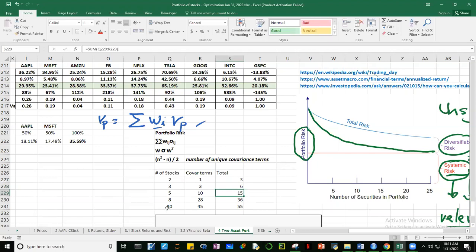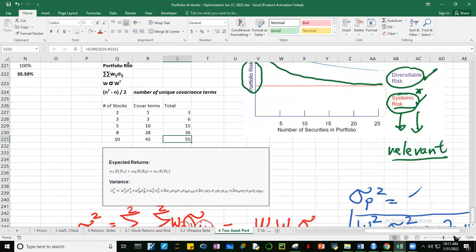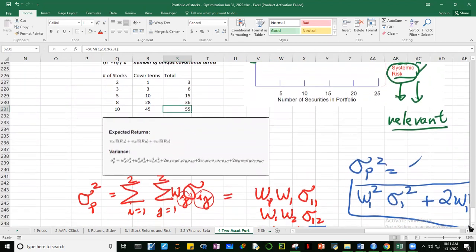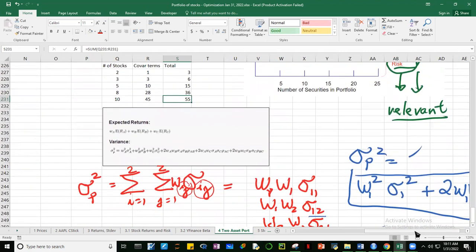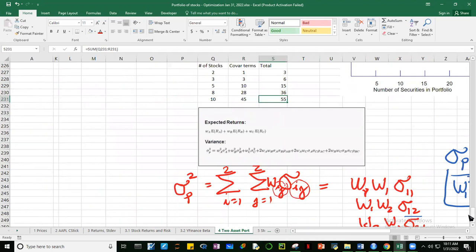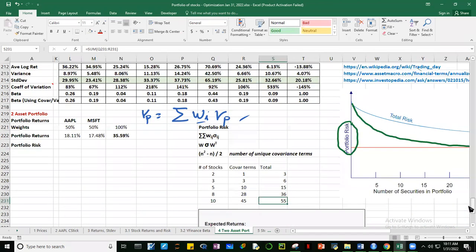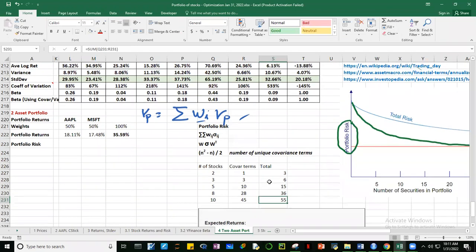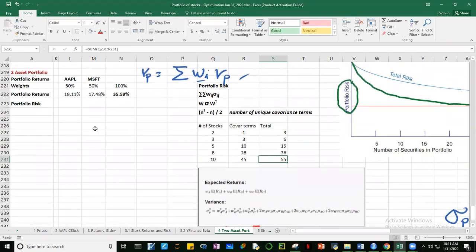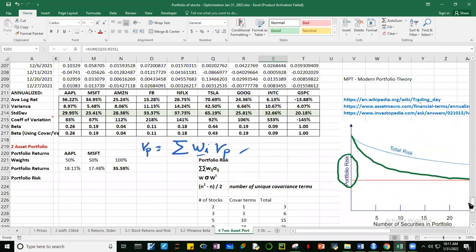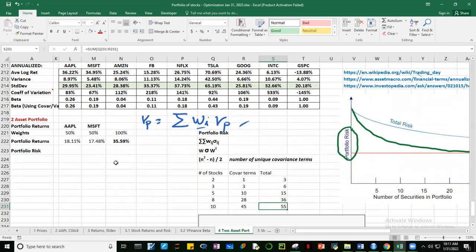Imagine, guys, pag 10-asset portfolio, 55 terms yan. 55 na ganito. Diba? So, medyo involved, guys, medyo talagang madugo yung computation ng portfolio risk. Buti na lang, guys, may mga shortcut na pwede natin gamitin, no? Okay? So, dito, guys, ang gagawin natin, kukumpute natin yung portfolio risk using a shortcut.